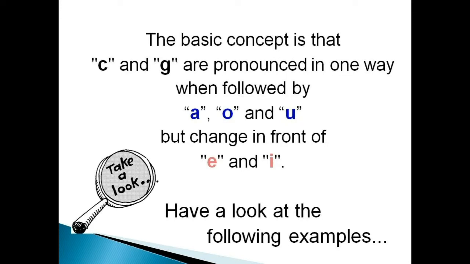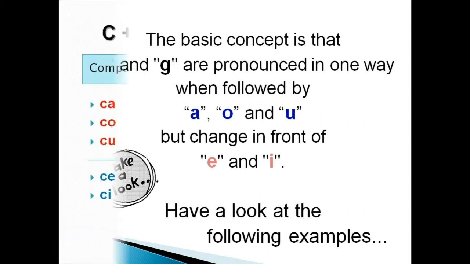The basic concept is that k and g are pronounced and read and spelled in one way when they're followed by a, o, and u, but then change in front of e and i. We'll have a look at a few examples, but first I'd like to show you something.